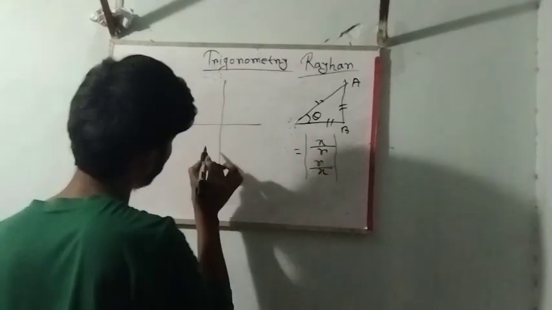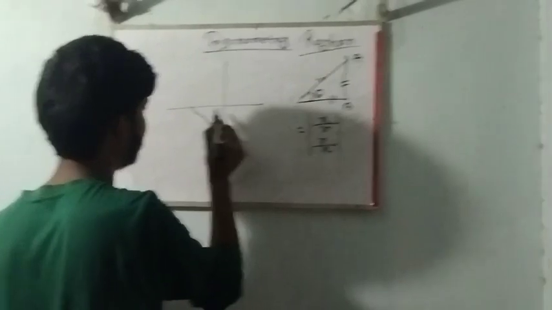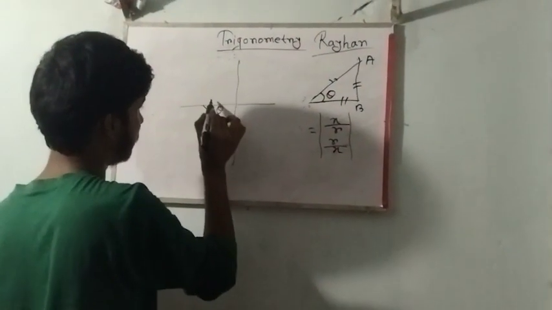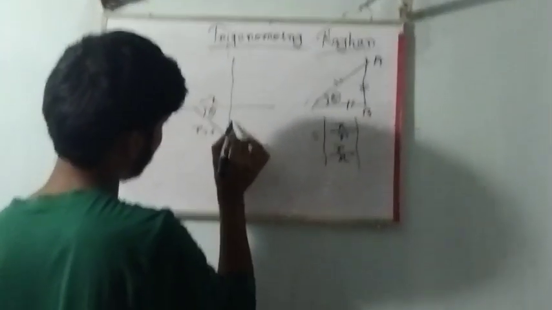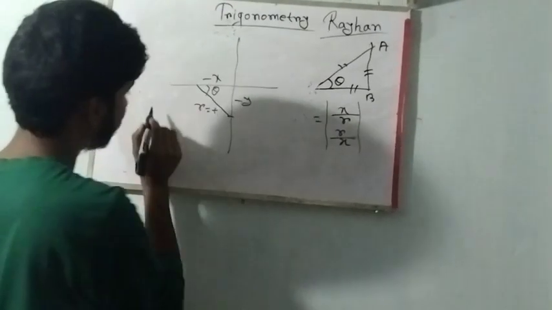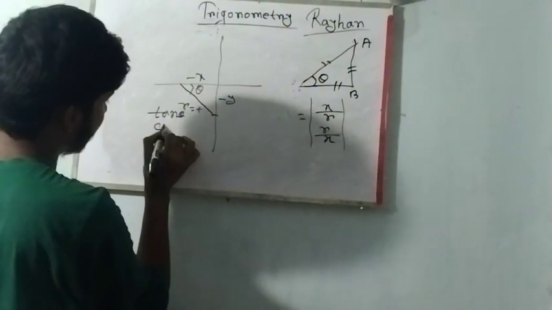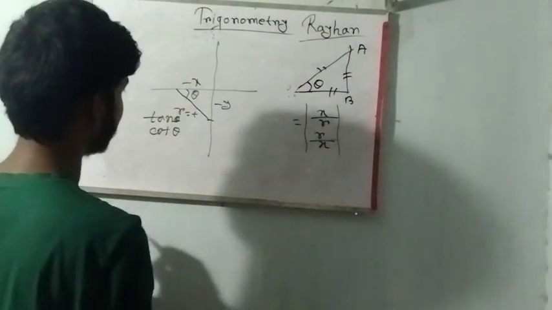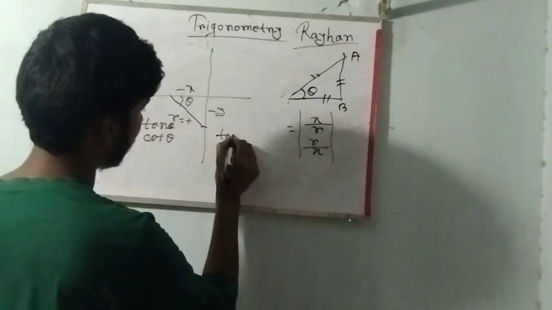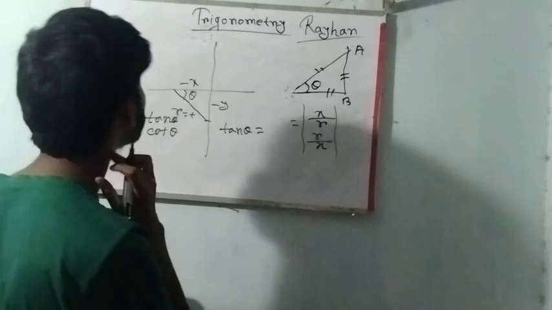In quadrant number 3, if we draw a hypotenuse according to the axis, then it will be theta, it will be minus x, r positive, and y negative. So tan theta and cot theta are positive. But why? Now we solve this problem. Tan theta equals to perpendicular by base.